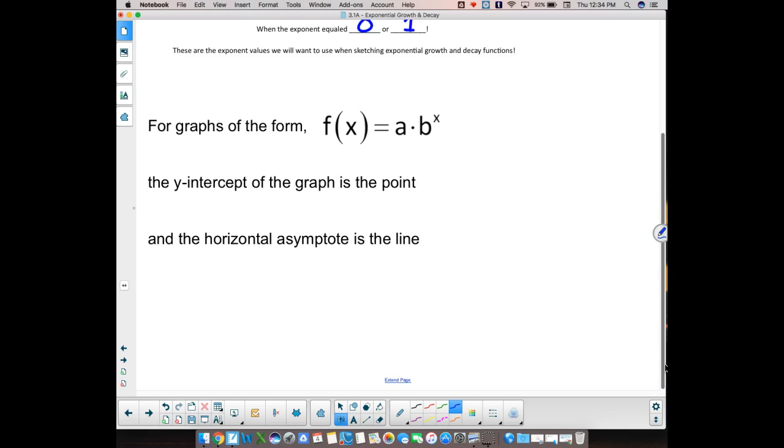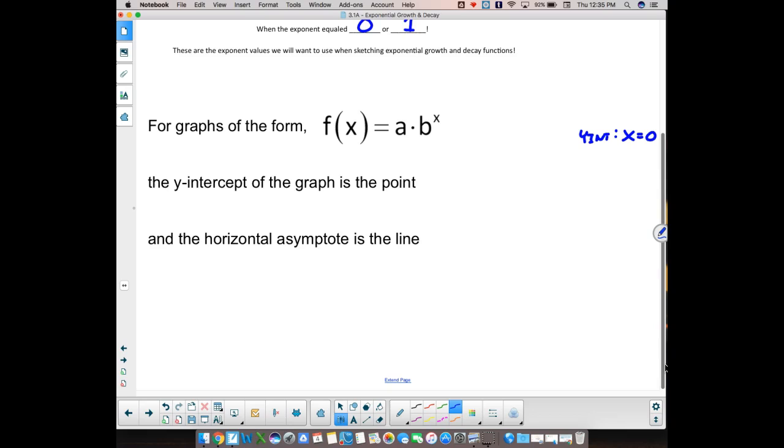So, how do we find the y-intercept? We did it twice at the top of the page. The y-intercept is where x equals 0. Okay? So my y-intercept, I would have to plug in 0 in this function, right?